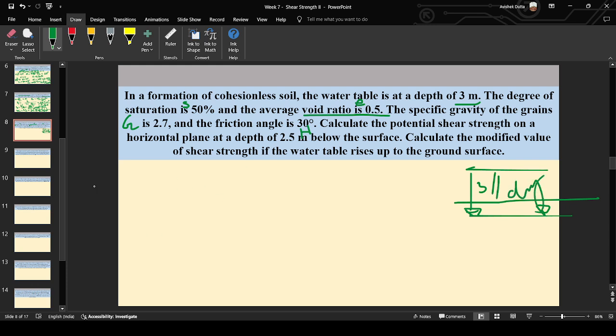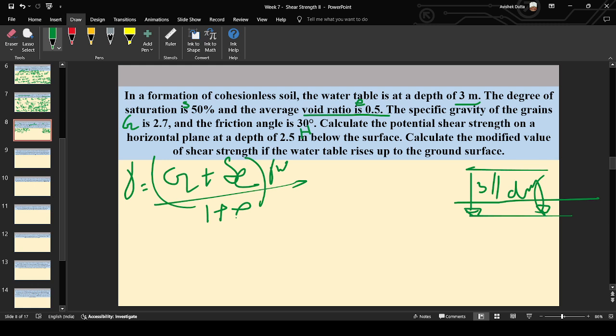So for that, we will find out gamma initially, G plus SE gamma W divided by 1 plus E. We get the value of gamma. Okay. E we have, void ratio we have, G plus SE, S we have, gamma W is 9.81 kilonewton per meter cube.